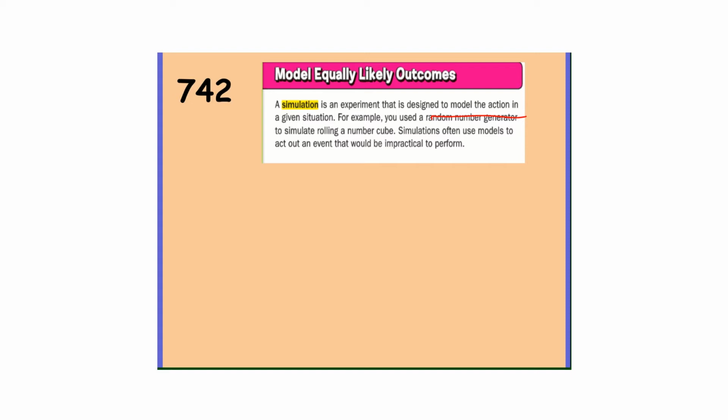So for example, if 2 teams were going to play a football game or something, and it rained, and they couldn't play, they may have decided just to toss a coin to see who would win. That's a simulation. It's doing something in place of the actual event.